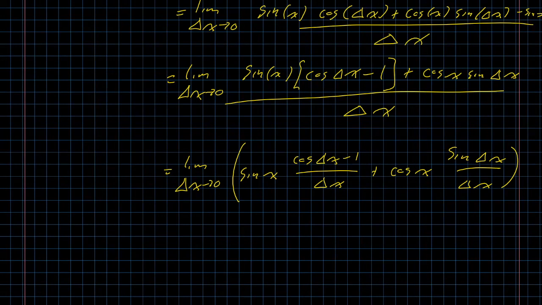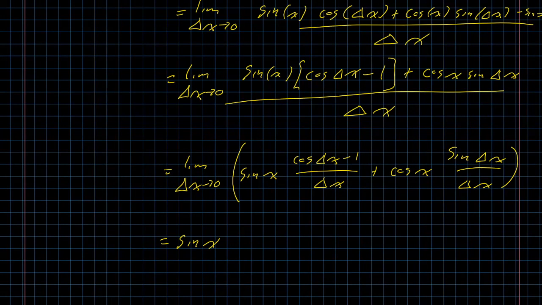I can rearrange that and then break apart my limits here. So I have separately sine of x. I can bring the factor of sine of x outside of the limit because it doesn't have a delta x in it. Right? We only care about things that have delta x.